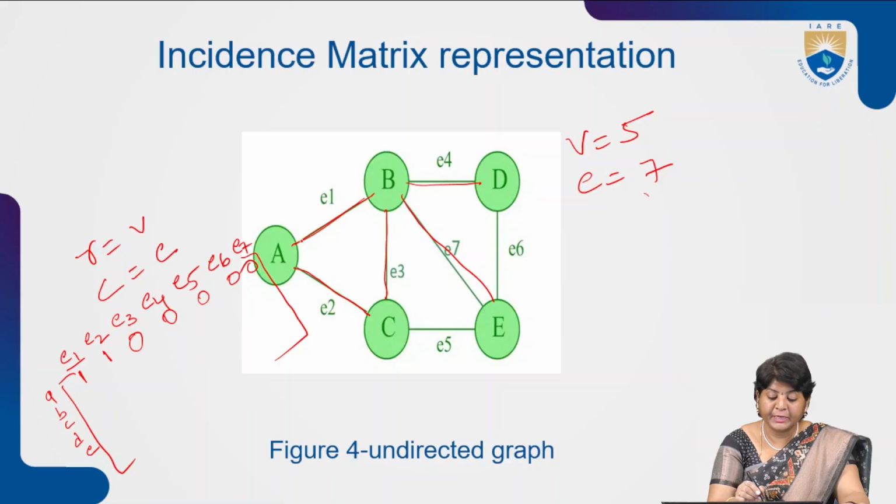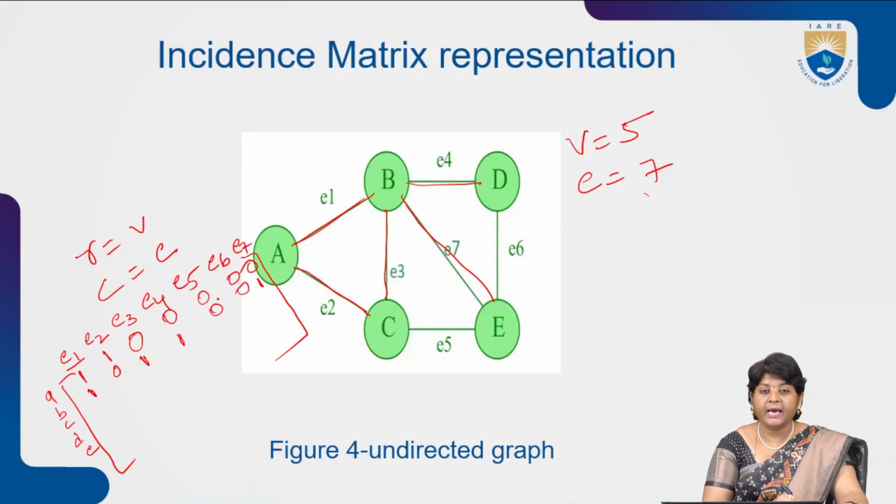So check: B to E1 is there, so 1. B to D, E4 is there, so at E4 1. B to E, E7, so at E7 1. B to C with E3 it is connected, so 1. The other edges are not incident to vertex B, so they are marked as 0.